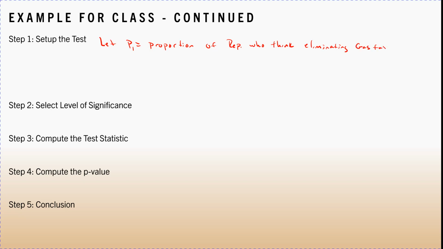I'm just going to say eliminating gas tax is a good idea, but we will know that this means just during the summer months. And we're going to let P2 be the proportion of Democrats, I'm just going to put DEM, who think eliminating the gas tax is a good idea.